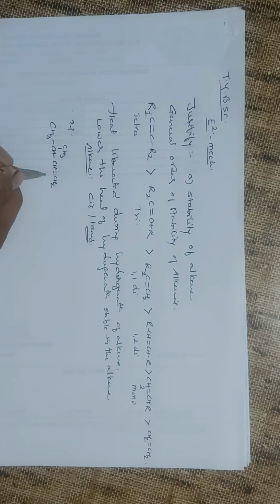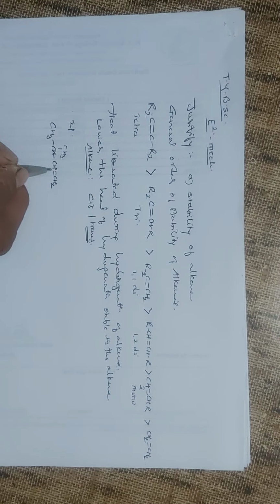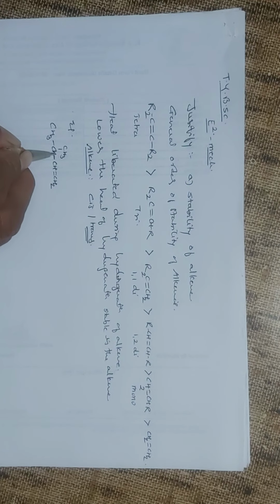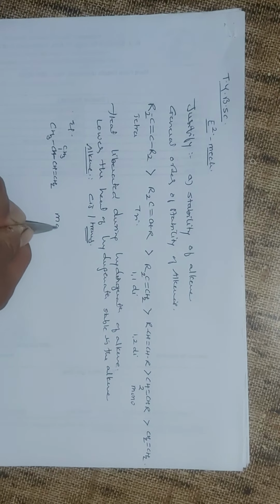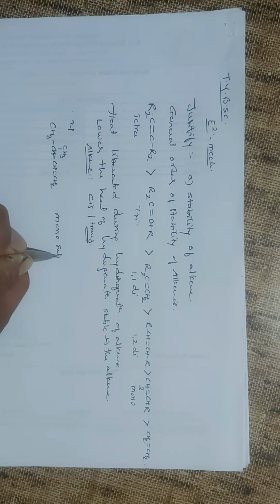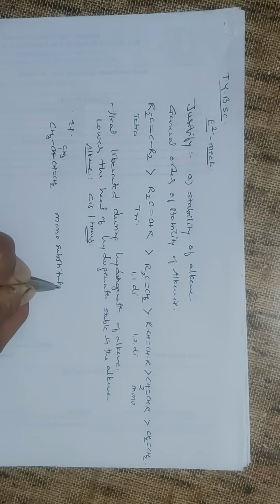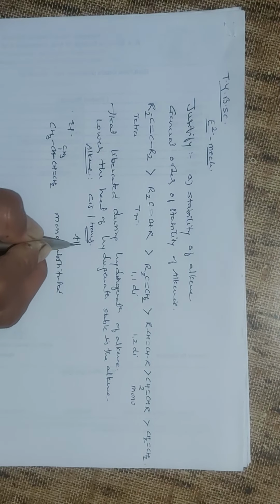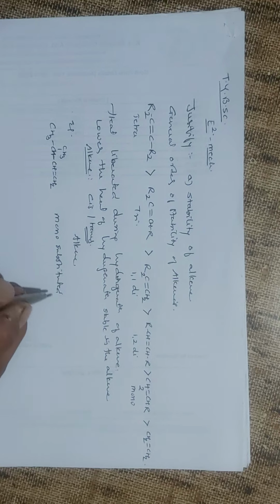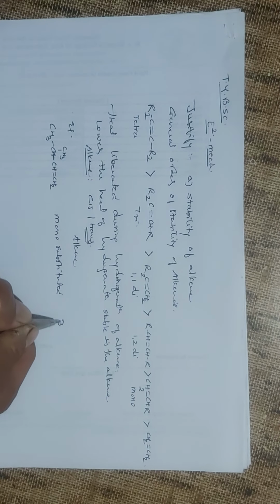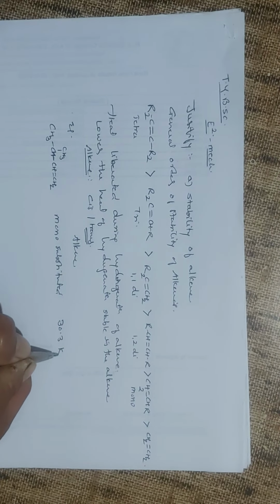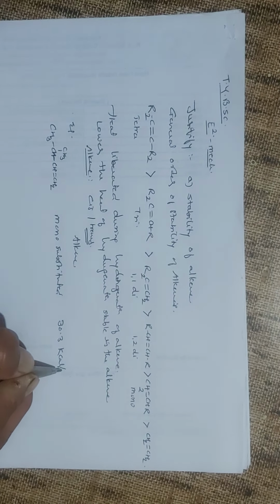If you carry out the hydrogenation of this molecule, this is mono-substituted alkene because here only one alkyl group is attached. What is the type of alkene? It is mono-substituted. And so the amount of heat liberated while hydrogenation is 30.3 kilocalories per mole.